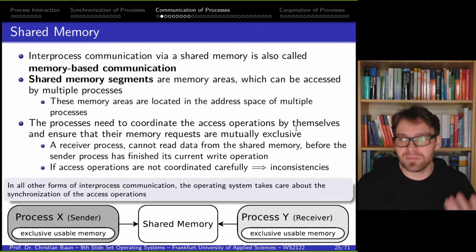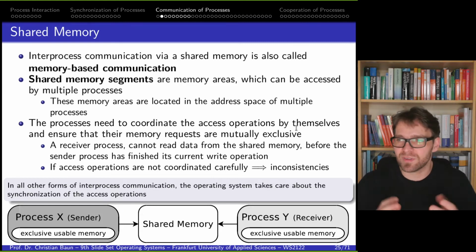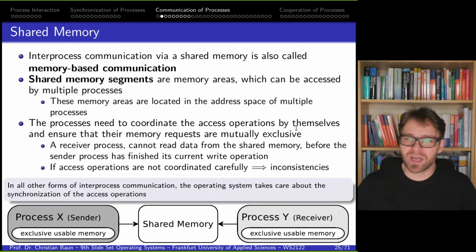So let's start with first things first. Shared memory. Shared memory is pretty old. I'm not sure, but I think it's the oldest sort of inter-process communication. You have learned a lot about memory address ranges. We talked about different sorts of memory management, and we had virtual memory, and every process has its own memory address range, and so on.